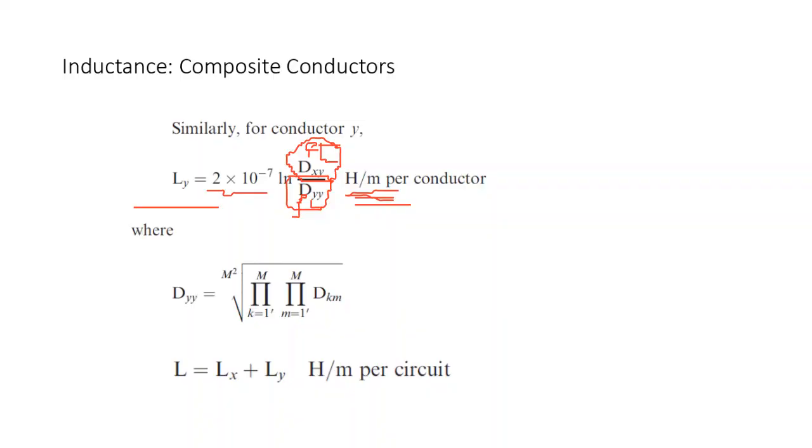Okay, so this is per conductor, as you can see, Henry per meter. Therefore, how long is this one? 1 kilometer. Therefore, I need to multiply by 1,000 to get the total inductance of the conductor. After you multiply by 1,000, that's the inductance X that you put in the software, the PowerWorld simulator. Which inductance is L?